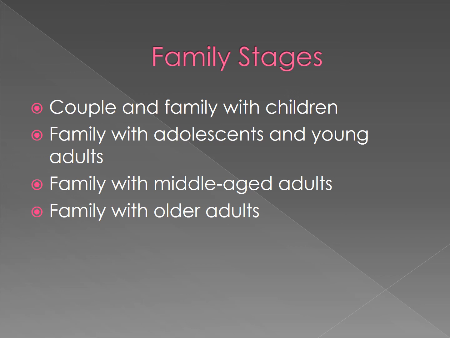So at this point, my oldest son was a young adult. So we were a family with an adolescent and a young adult. But now I'm also a family with a baby. Right now, my husband and I are middle-aged adults, but we still have children living in our home. So we still have a teenager living in our home.